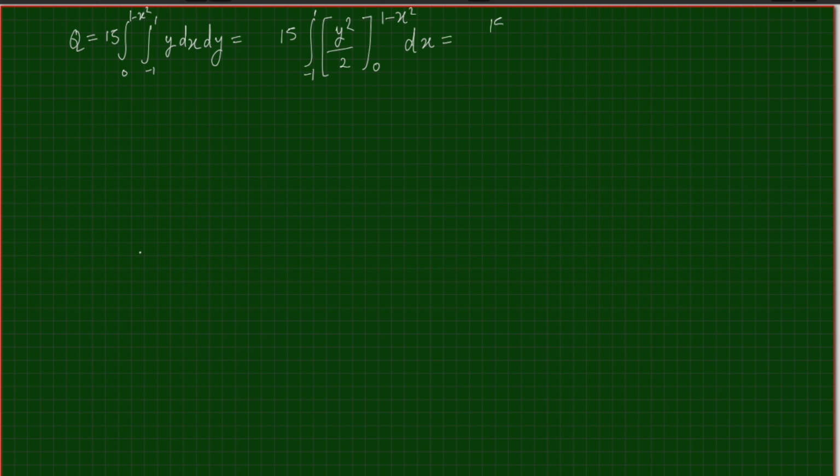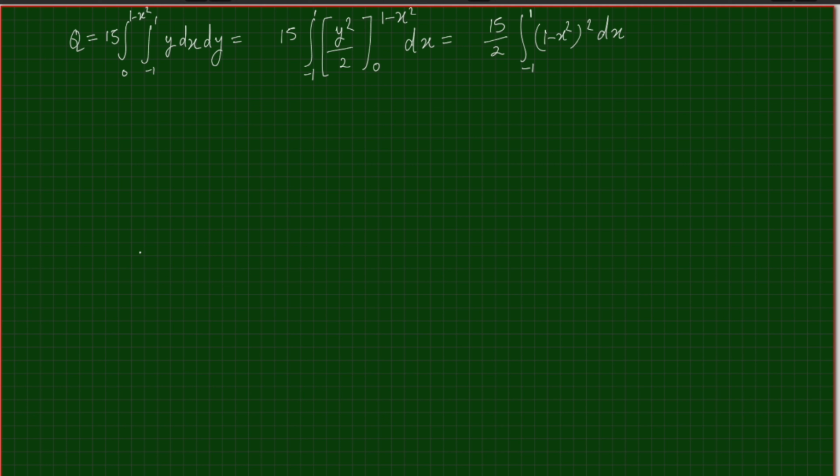Further, 2 I can take out from the integral. This is minus 1 to 1, and y square: the upper limit is 1 minus x square whole square, and the lower limit is 0, so it will be 0, dx.